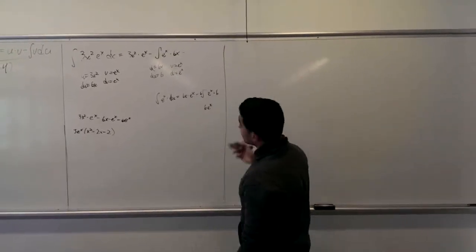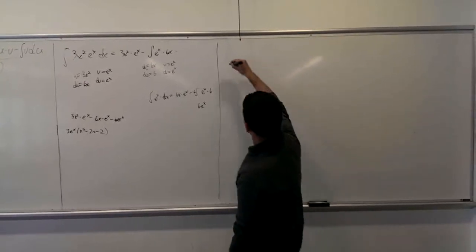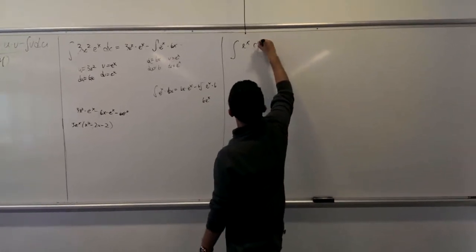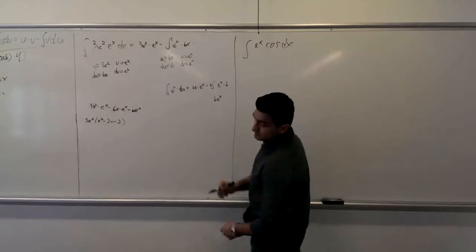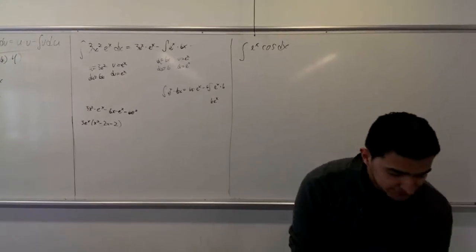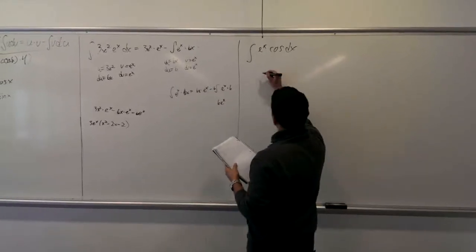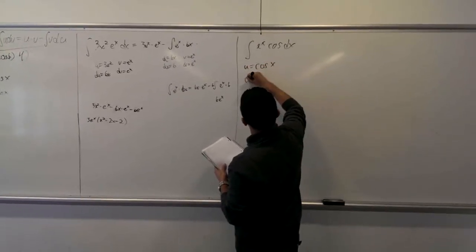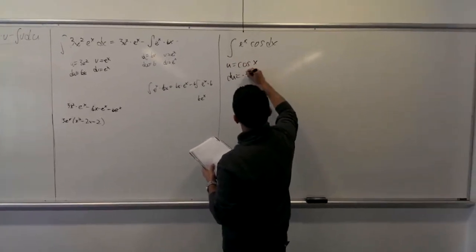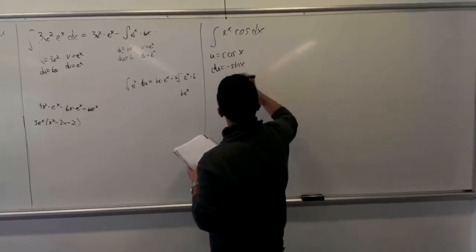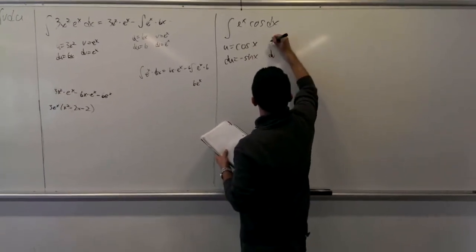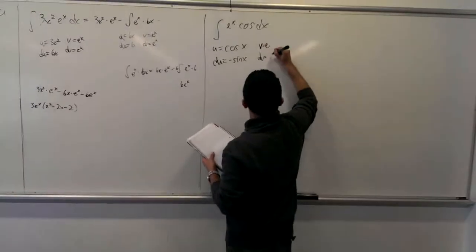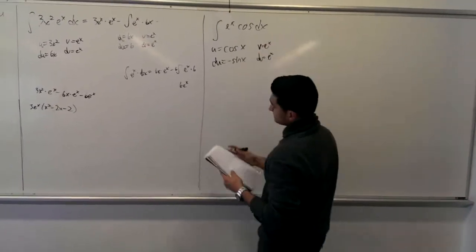Let's say, for example, we take the integral of e^x cosine of x dx. You set cosine of x as your u and du as negative sine of x, and v and dv will both be e to the x.